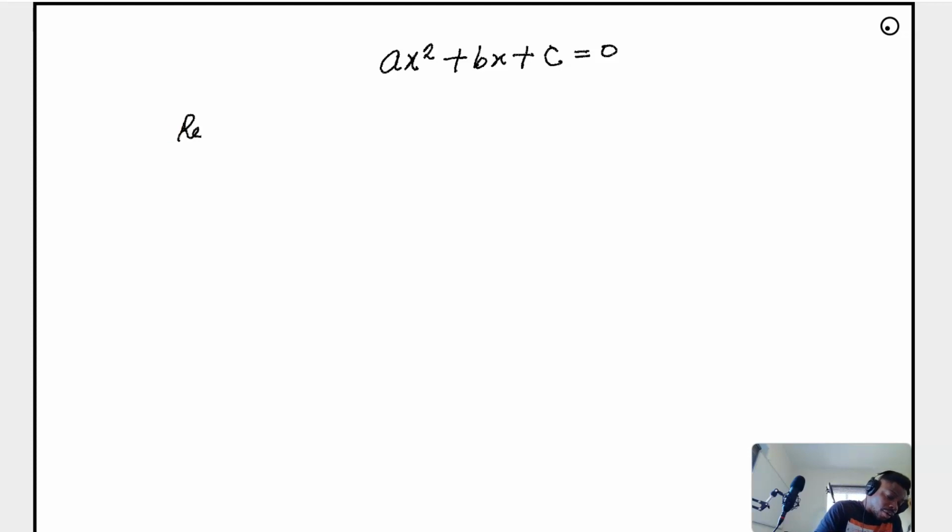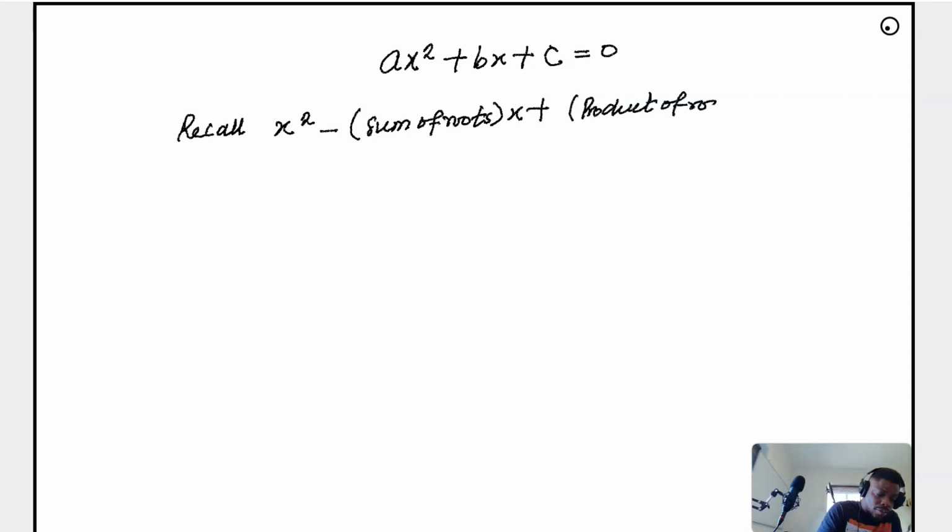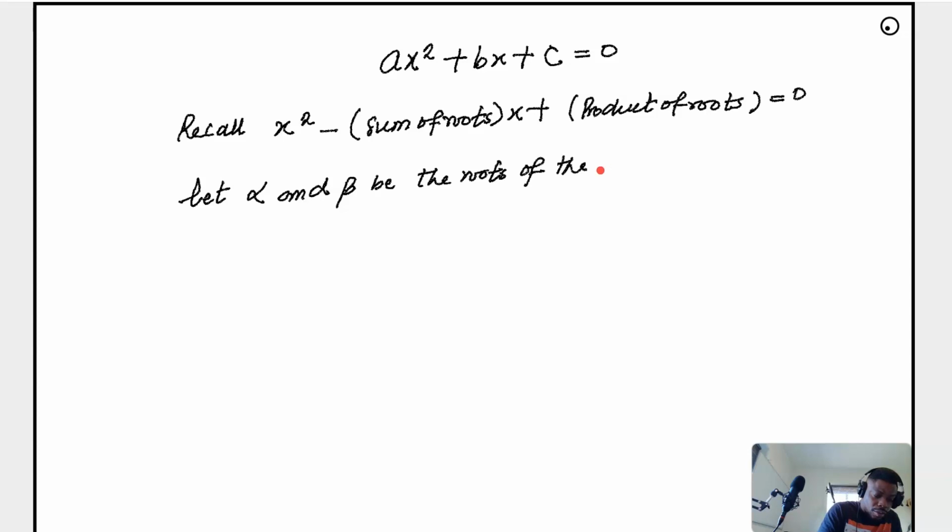We can recall that x squared minus (sum of roots) x plus (product of roots) is equal to 0. So now let's assume alpha and beta be the roots of the quadratic equation.